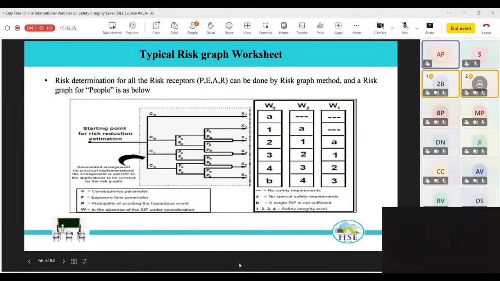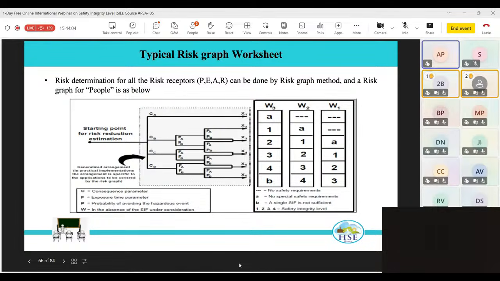Now PA, PB is again a dimension where we say that if that person is available, whether he has got time to run away or evacuate from there, or whether we can contact him and tell him that some accident is going to happen in that area, and then he can evacuate. There are so many requirements: you should be able to communicate to that person, and secondly, he should have escape routes which he can use to evacuate.